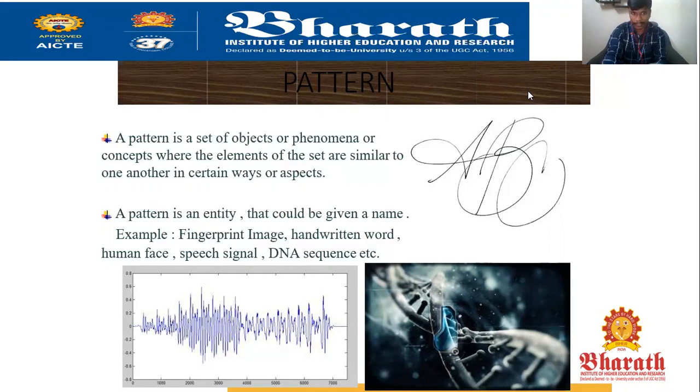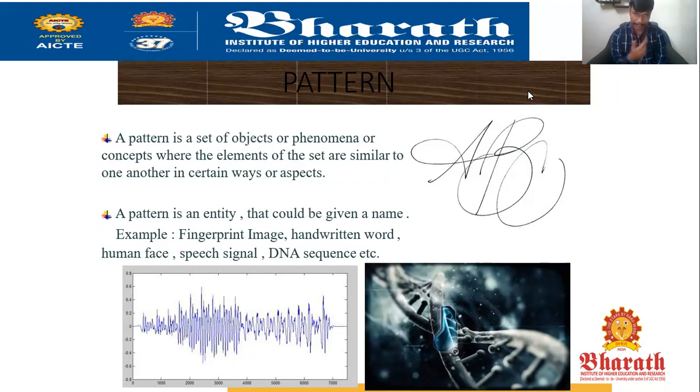For pattern, we have some examples. A fingerprint image can't be changed physically, but even if external changes happen, it has the ability to recognize the fingerprint pattern. In handwritten words, each individual has a unique way of writing, so it acts as a pattern for the recognition process.